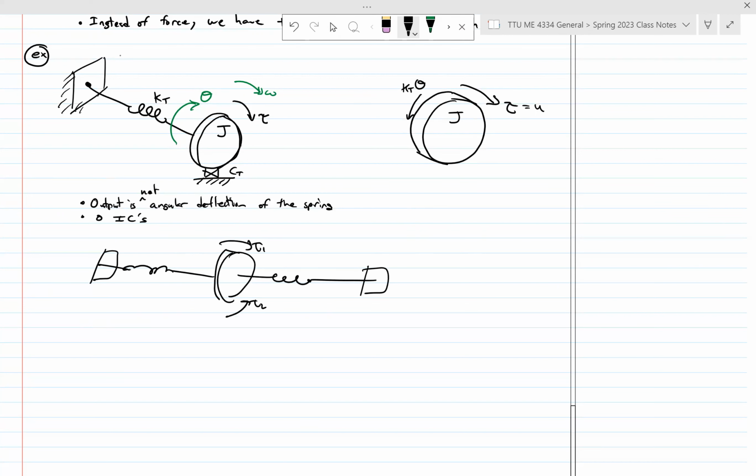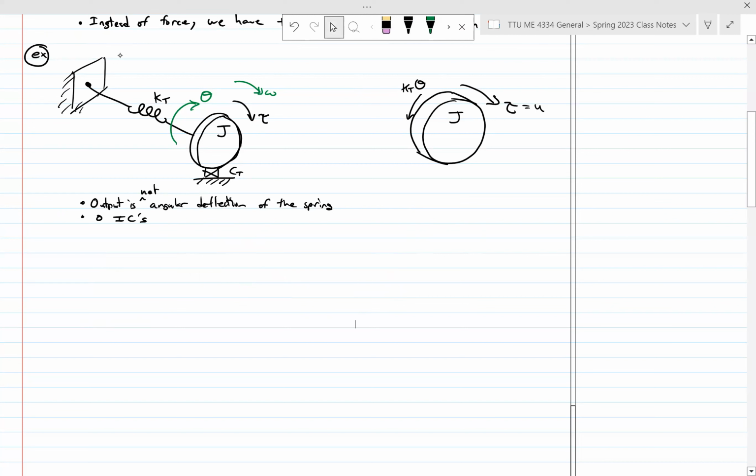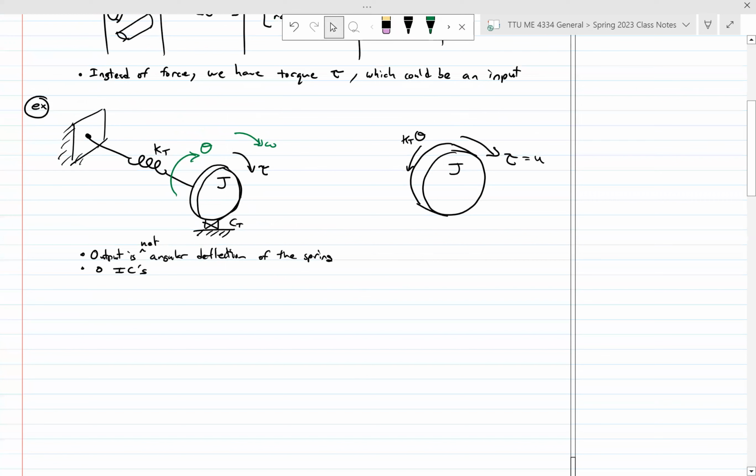How do you choose your thetas here to be appropriate? You've got to think about these things. And maybe this is even connected to another inertia over here. You guys are defaulting to going in the same direction as the applied torque, and that's okay in this case. But be aware that there are situations where that's not always appropriate or the easiest way to go about doing it. Okay, so we got K_T times theta.